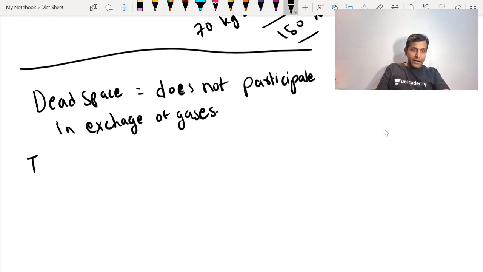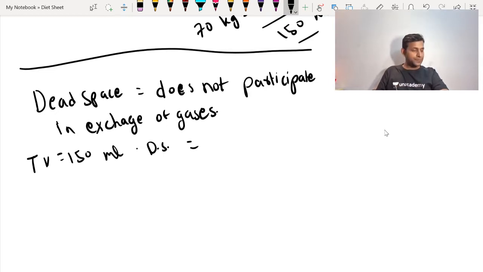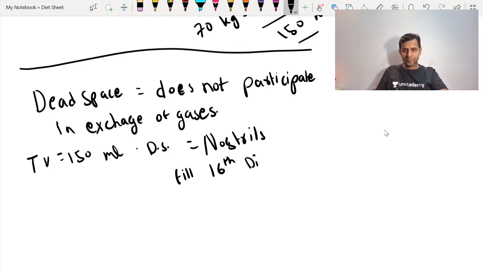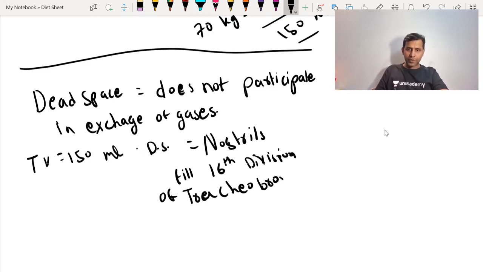In tidal volume, the 150 ml of dead space is actually from the nostrils till the 16th division of the tracheobronchial tree.